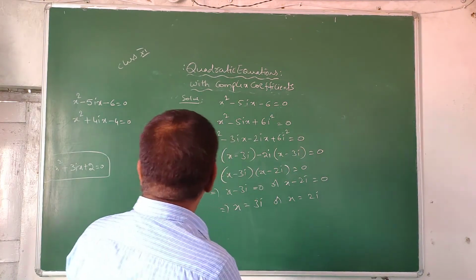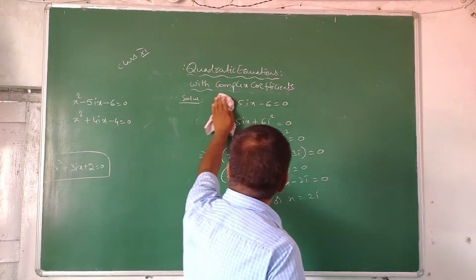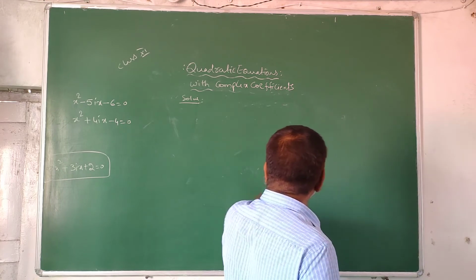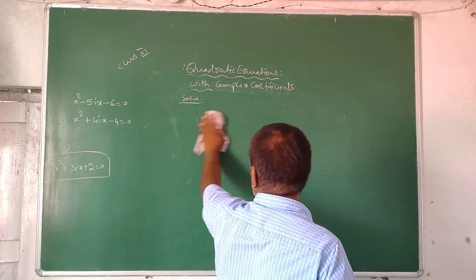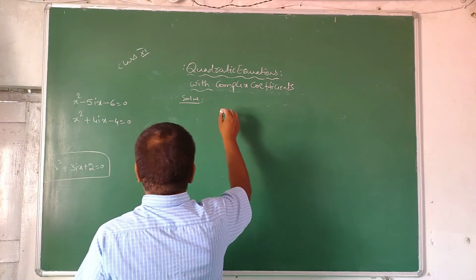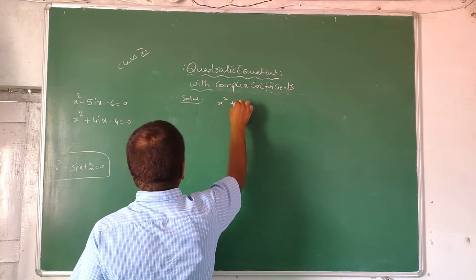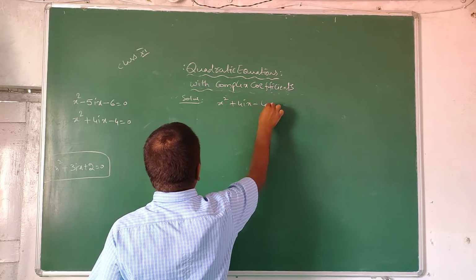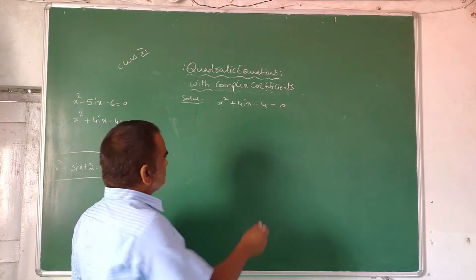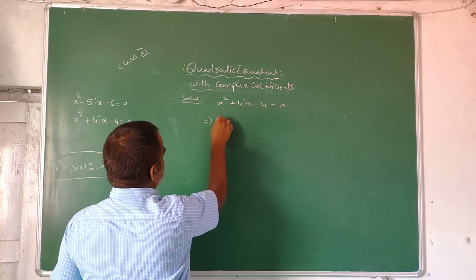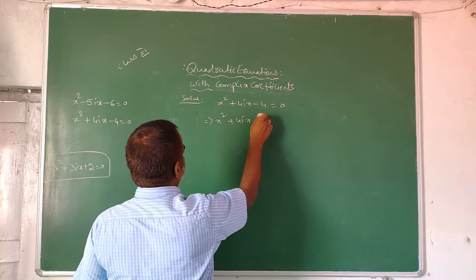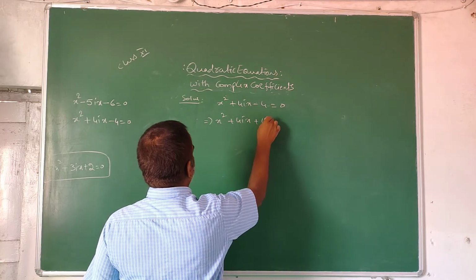Now let us do one more problem, same, using the factorization method. Solve x square plus 4ix minus 4 is equal to 0. So this implies x square plus 4ix, write minus 4 as plus 4i square.